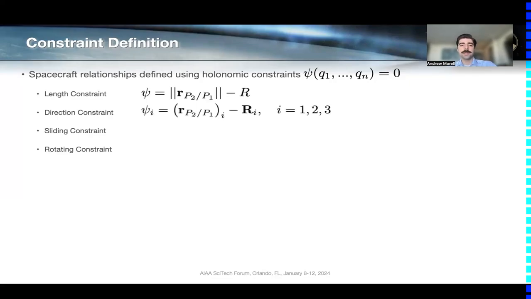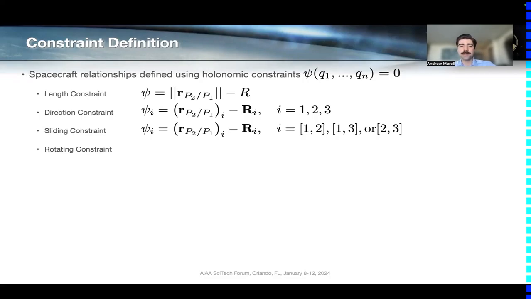Now, the direction constraint ended up looking relatively similar to this, but to enforce this type of constraint, we set the vector between P1 and P2 equal to a constant for all 3 components of this vector when expressed in a certain frame. And after initially overshooting some of the complexity on expressing our sliding arm constraint, we figured out that this is actually the same as the direction constraint, but with strategically removing one of those 3 axial components that we are enforcing.